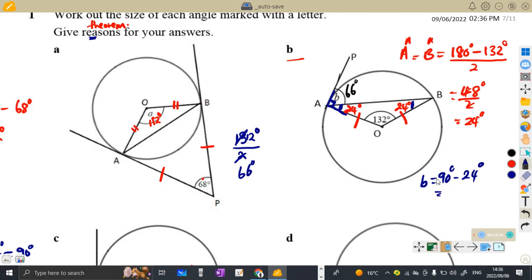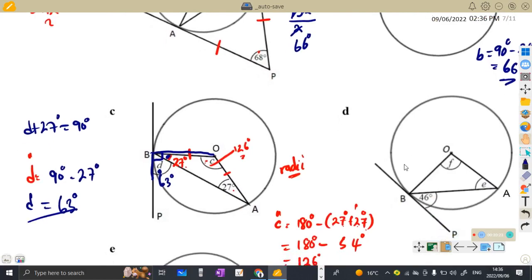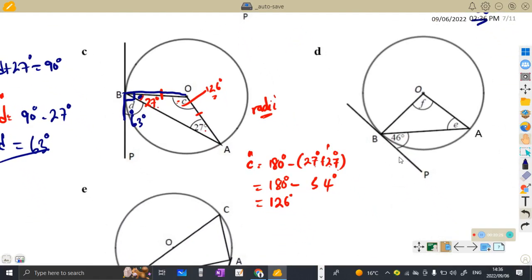That means we are supposed to obtain the same answer. 90 minus 24 is 66 degrees. So we get the same answer here. That was another way of finding the 66 degrees, despite the way we used before. I don't know which is best for you, but we could have determined the same answer like that.